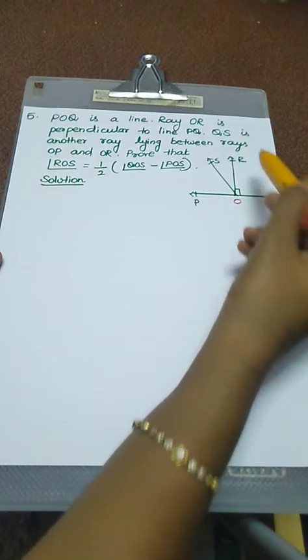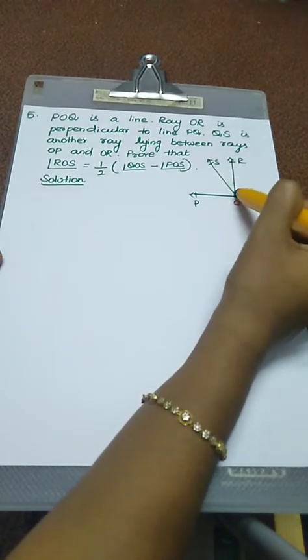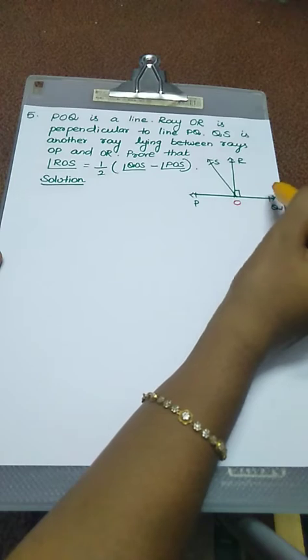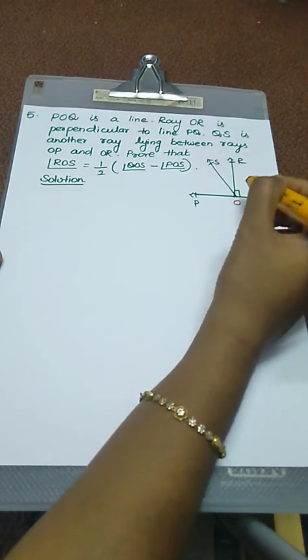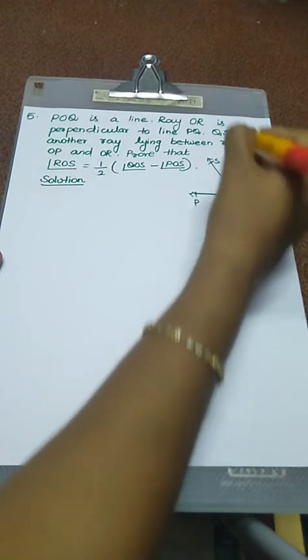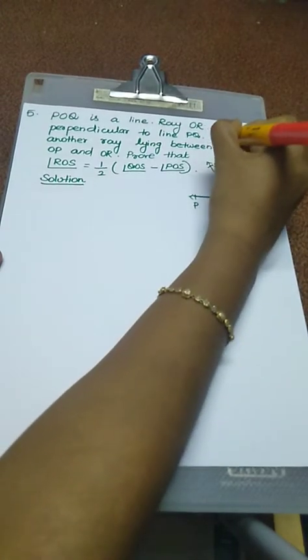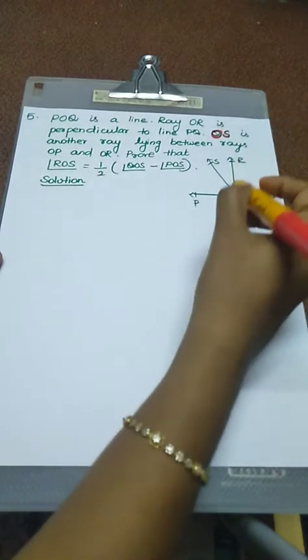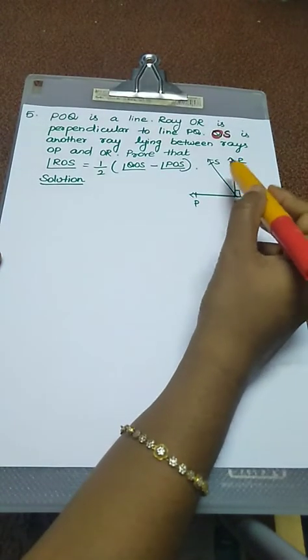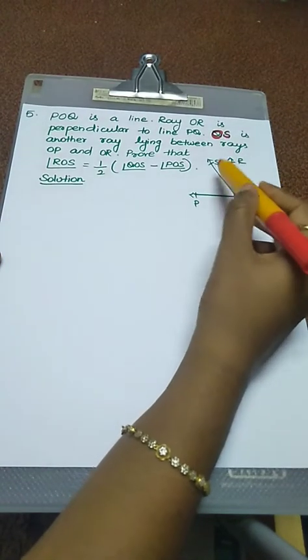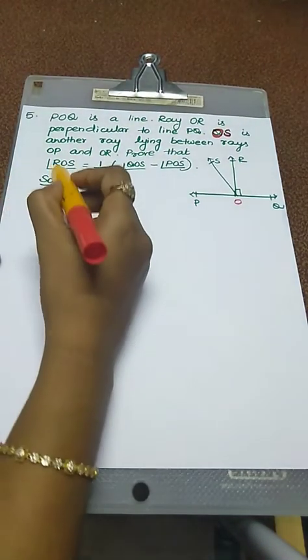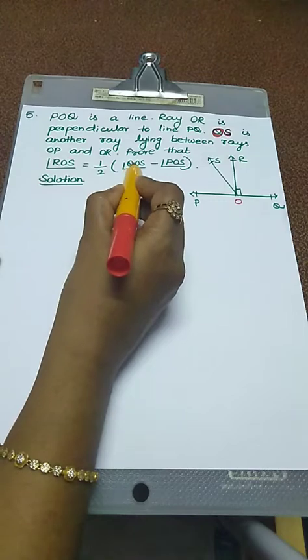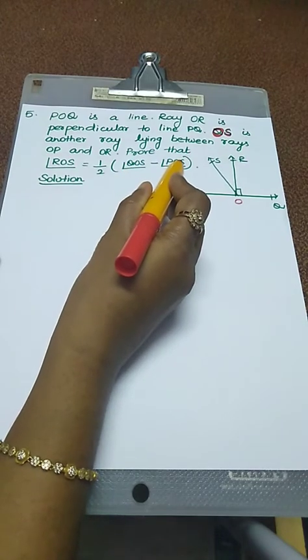Ray OR is perpendicular to the line PQ. OS is another ray lying between the rays OP and OR. We have to prove angle ROS is equal to half of angle QOS minus angle POS.